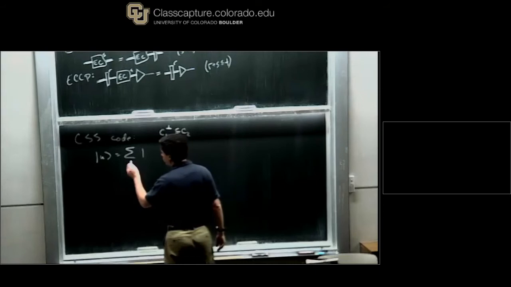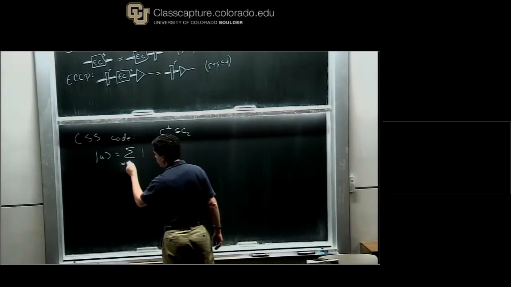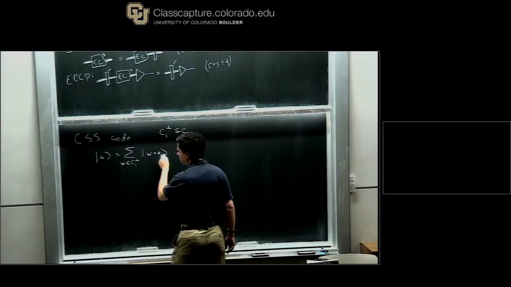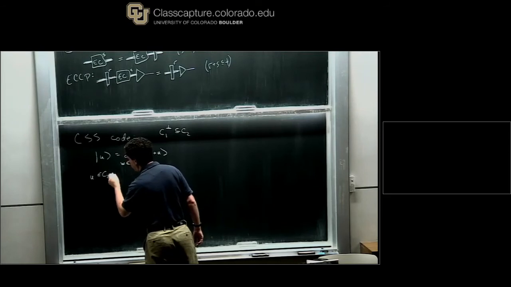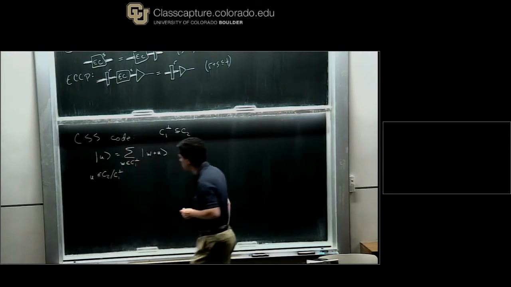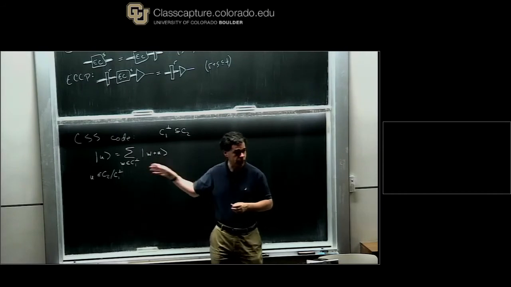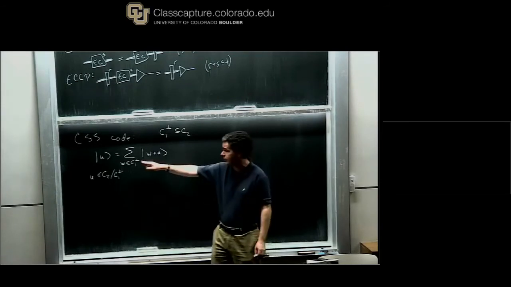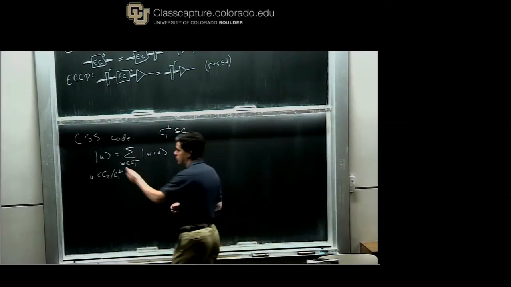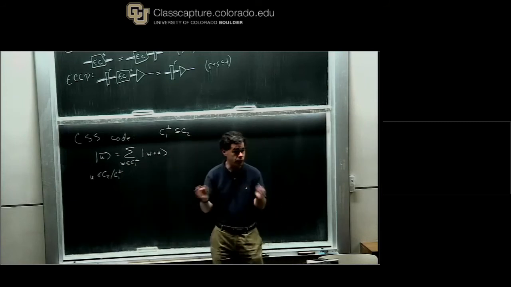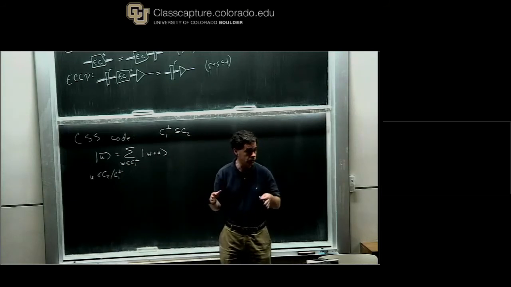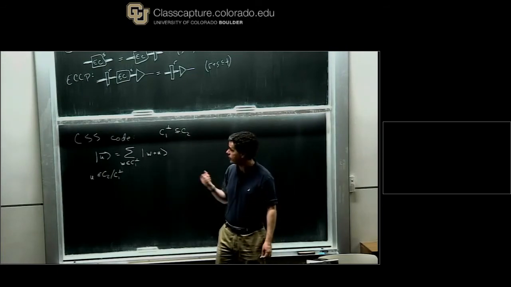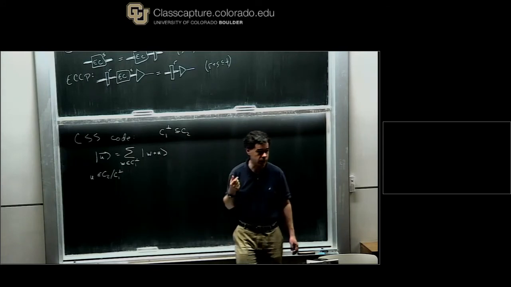And so what we're going to do is sum over W in C1 perp, and U is some element of C2 mod C1 perp. If you work it out, this is what the code words of a CSS code look like. These are the basis code words, I should say, logical code words. They're uniform superpositions of code words of C2, but only within the subset of C2 that differ by elements of C1 perp.